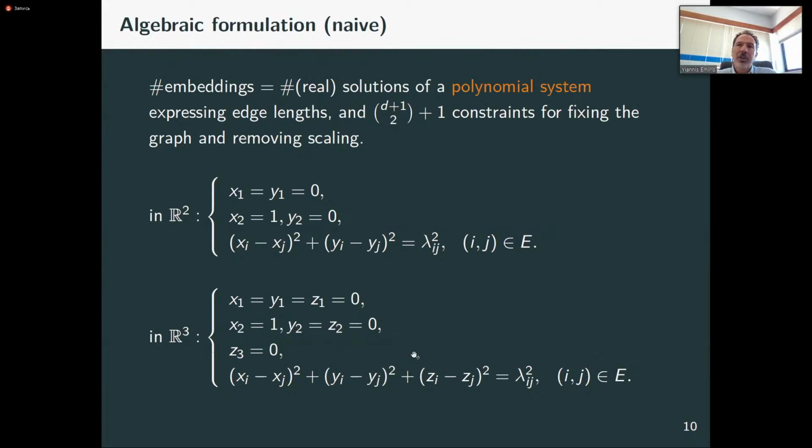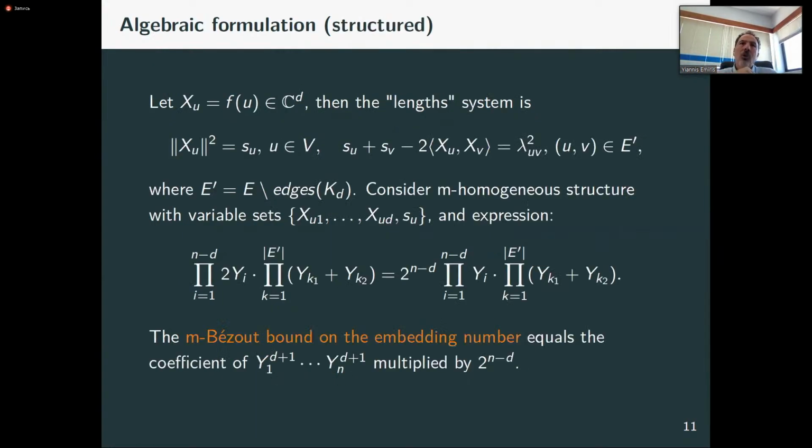But we can do better if we try to exploit multi-homogeneous structure. In this polynomial system, there are 2 tricks. I will start with the first trick, and then the second trick is to impose multi-homogeneous structure. The first trick is to group the squares. This is a standard trick in algebraic geometry, sparse elimination theory.